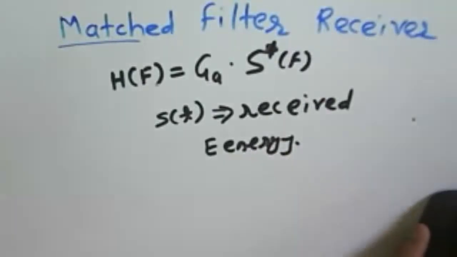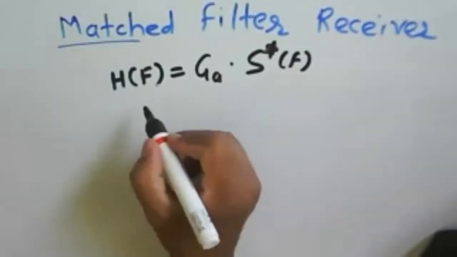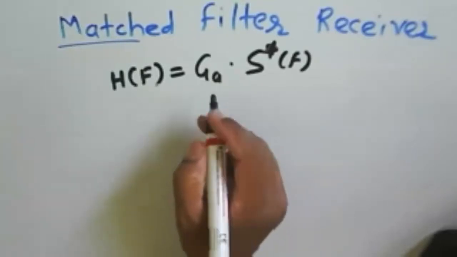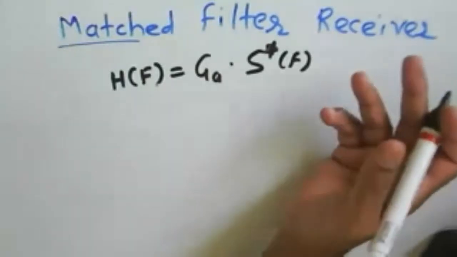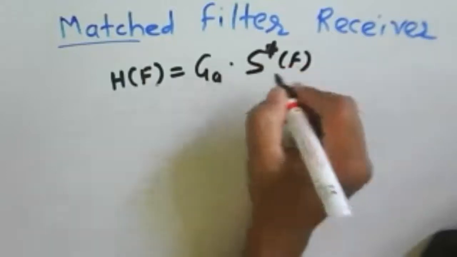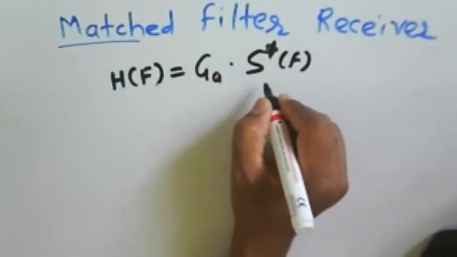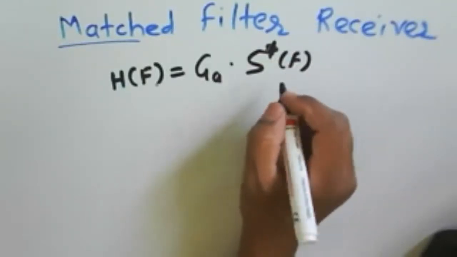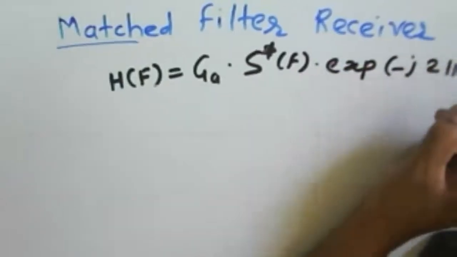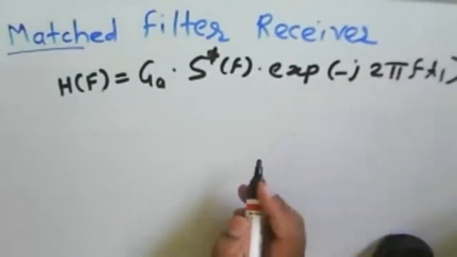The frequency response function is to be a linear as well as time invariant filter, and that will maximize the signal to noise ratio. So H of f is equal to the gain of the filter times S star of f, the complex conjugate of your signal, and we have the exponential of minus j 2 pi f t1.